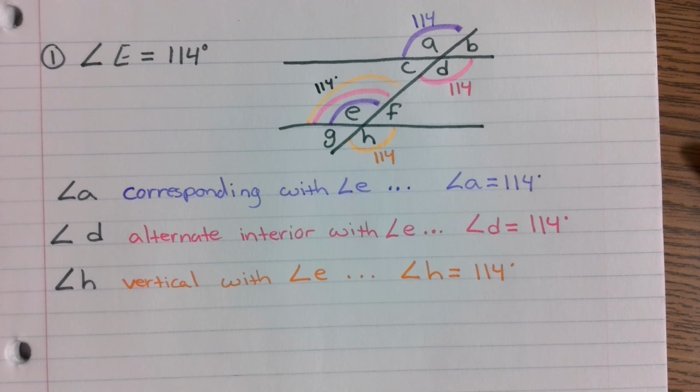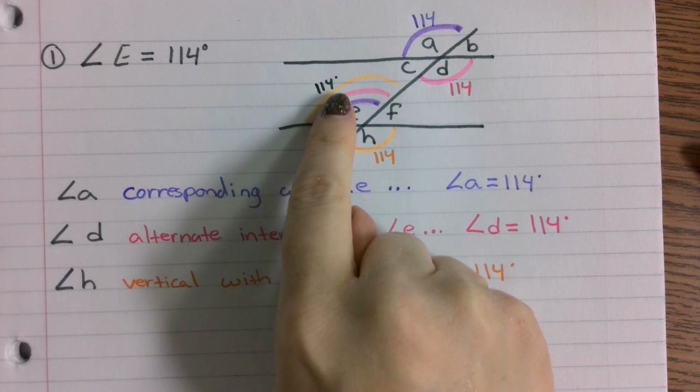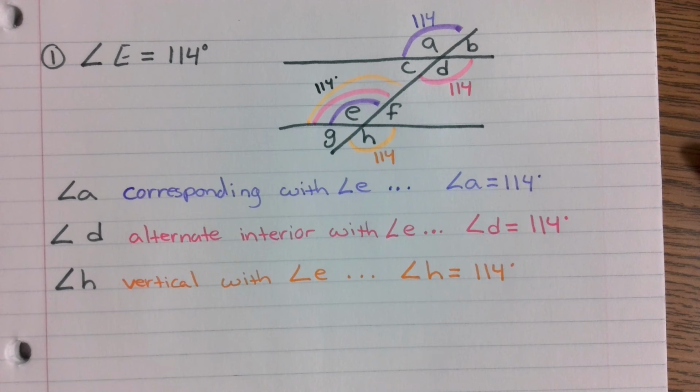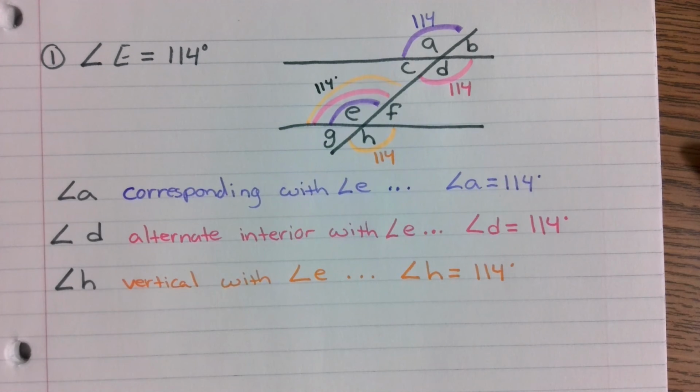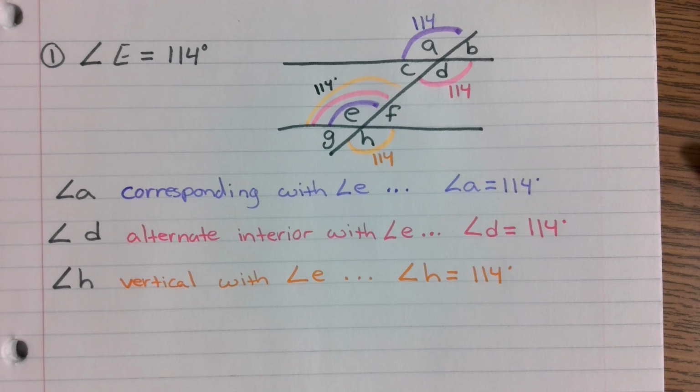The previous page at the very bottom, what did I write? All acute plus obtuse should equal what? 180. So if I know my obtuse is 114, what is that going to make all my acute angles? 66. 180 minus 114. All of my acute angles will be 66 degrees. Okay?